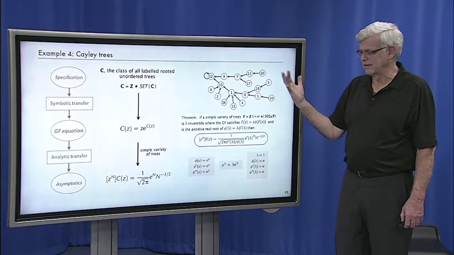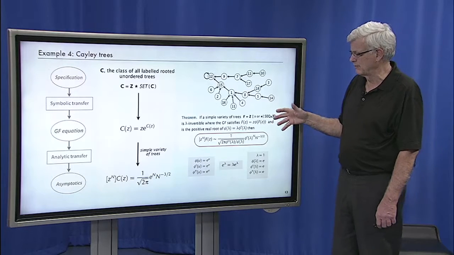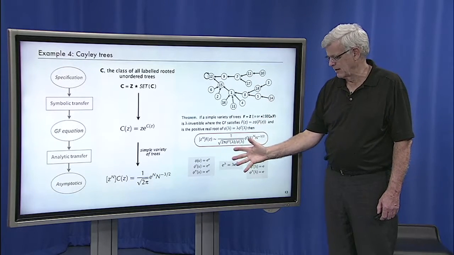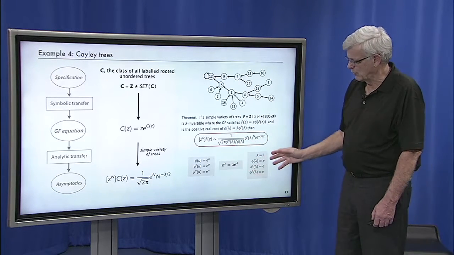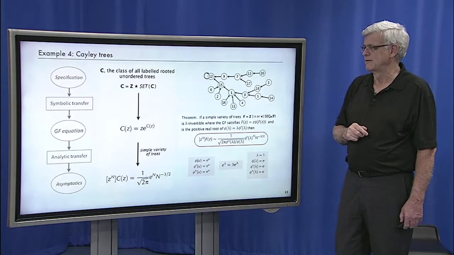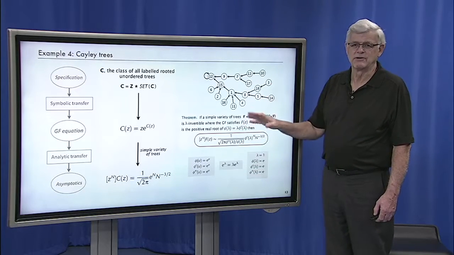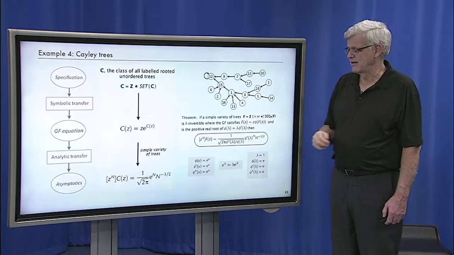Boom, boom, boom, for Cayley trees, using the same theorem that we use for general trees or unary-binary trees or any kind of tree. It's just a matter of figuring out the characteristic function, doing the derivatives, solving the characteristic equation, and plugging back into the formula. It's a very general and significant theorem. You don't need to know the underlying mechanisms behind it in order to get coefficient asymptotics.